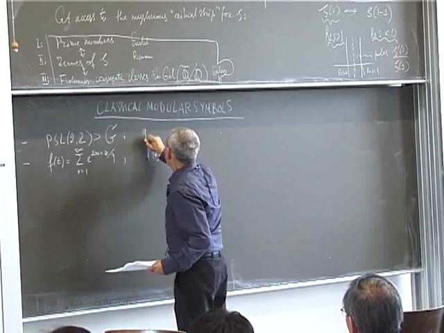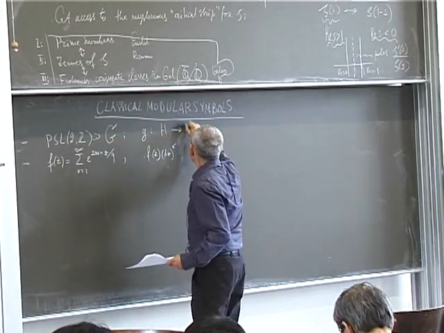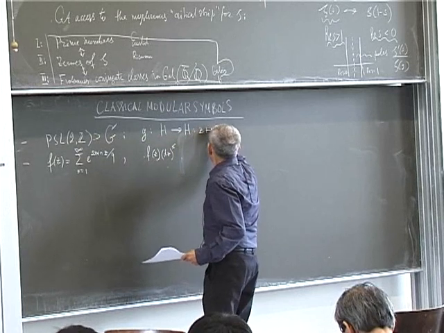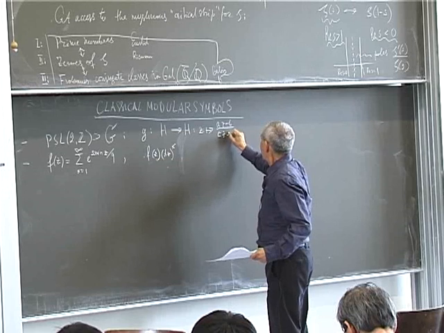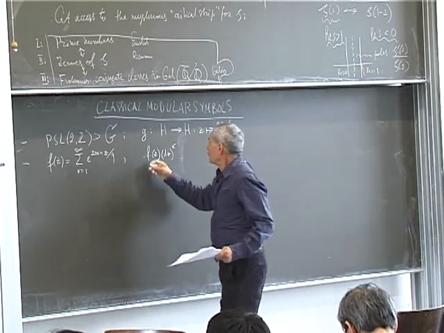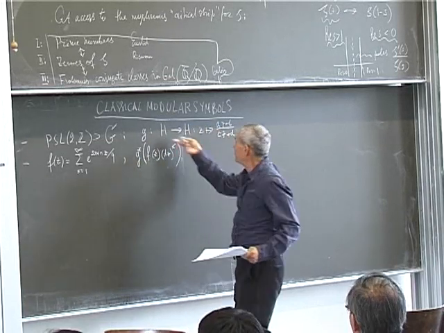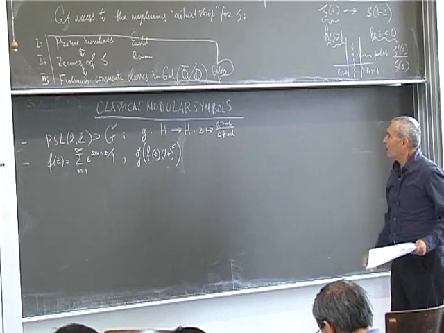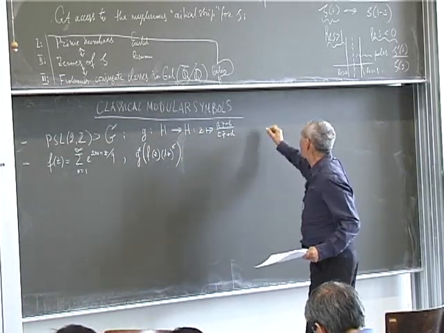So if I have an element in this group, and I am considering it as a map of the upper half plane to here, then these tensor differential forms are, of course, these usual differentials, contravariant with respect to, well, this is, of course, a holomorphic automorphism of H, the upper half plane.